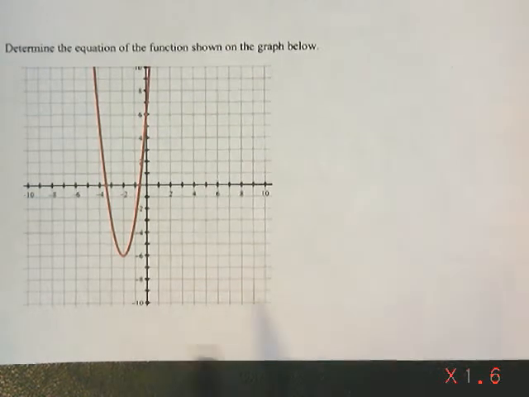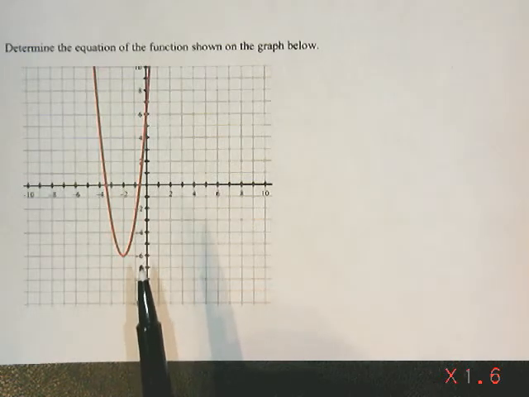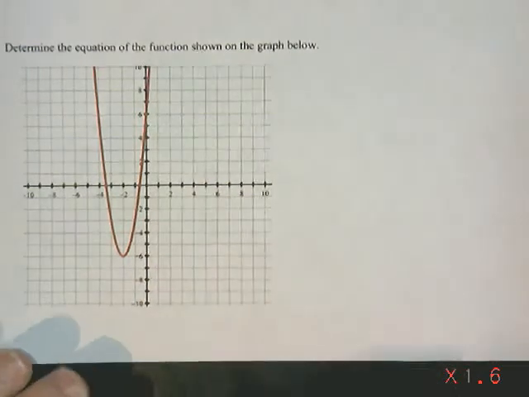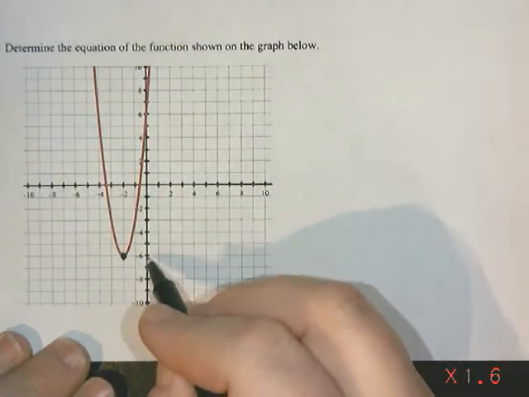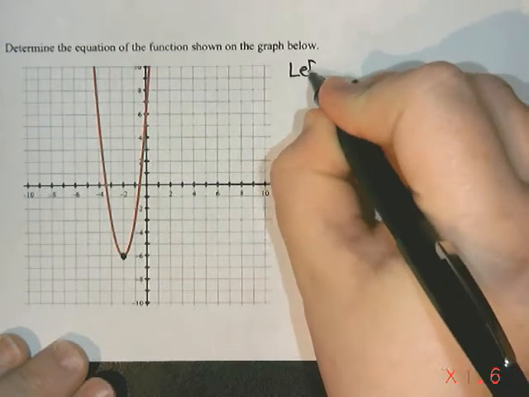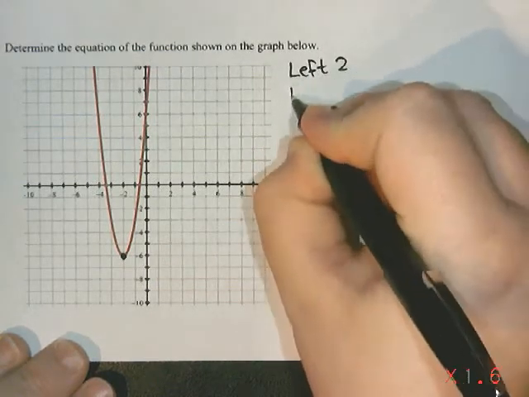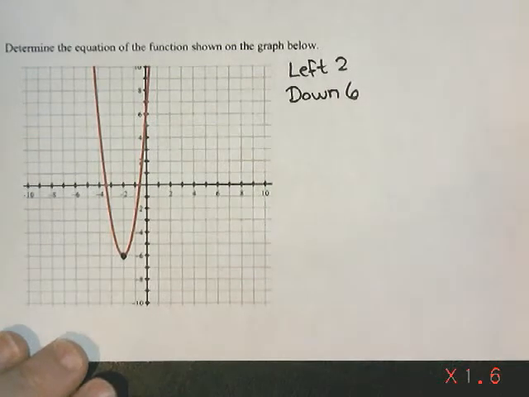So the same thing here, I'm going to find my vertex, and then I'm going to try to count out what the step pattern is to see whether I've stretched or compressed, and by how much. So the vertex of this graph is (-2, -6), which means that the graph has gone left 2 and down 6. So that's at least going to help me figure out my h and k.